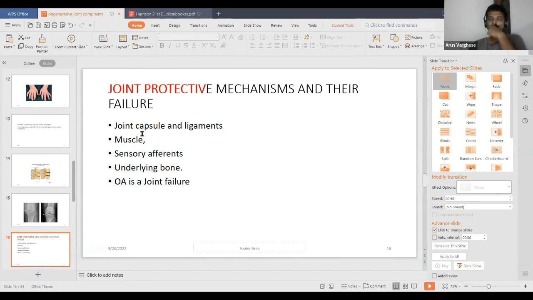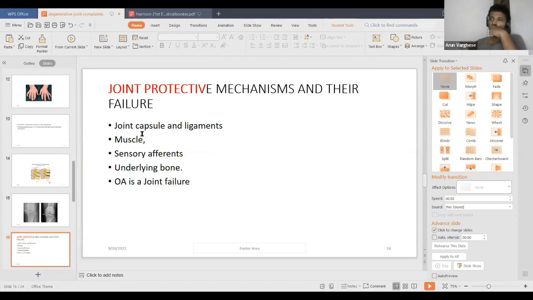These are the joint spaces. It's always under pressure. The weight is distributed equally on the joint space available, or the weight is supposed to be distributed equally, and normally it's not supposed to develop osteoarthritis.